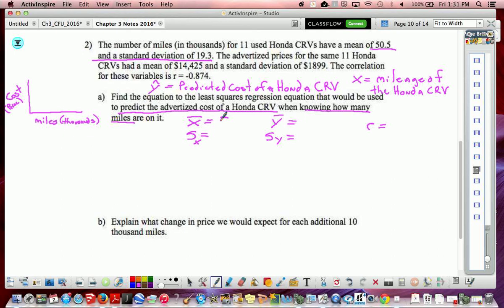So 50.5, standard deviation 19.3. Then the cost or the price, $14,425, standard deviation $1,899. They do give us R, negative 0.874. So I've got to make sure I have all those 5 values to figure out this equation.